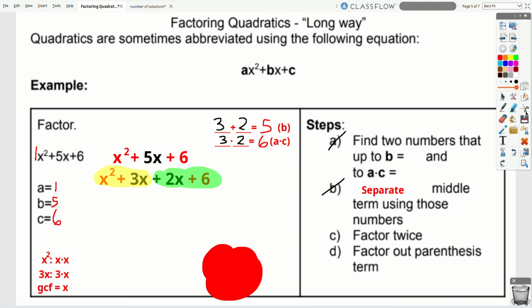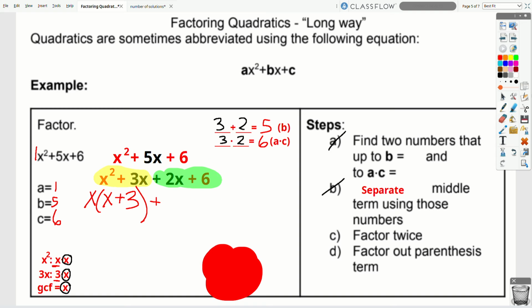We'll find the GCF of x squared plus 3x. x squared is x times x, 3x is 3 times x, so they both have x in there. That means the GCF of the yellow portion is x. Remember that x goes in front. Then we have whatever's left over: x times x, which comes from here, plus x times 3, which is 3x, which also comes from down here.